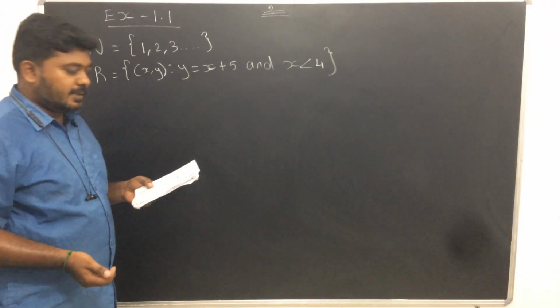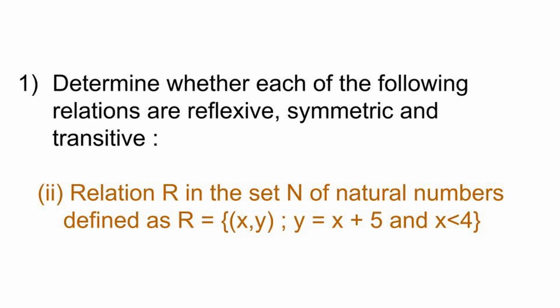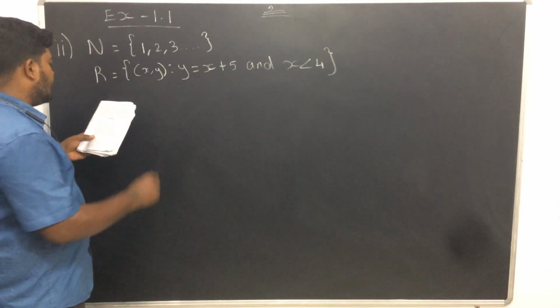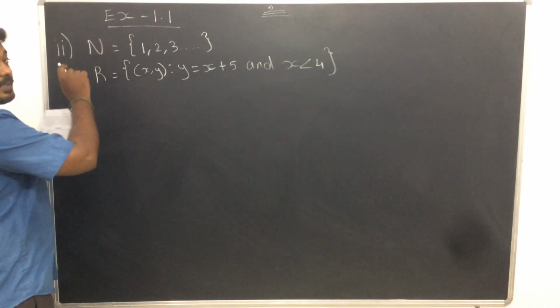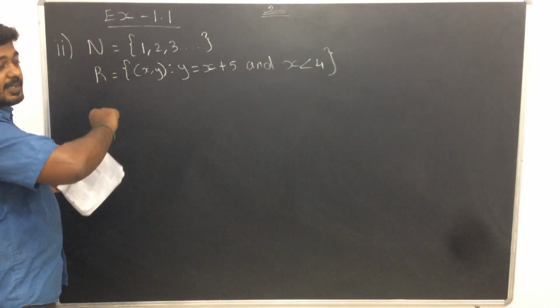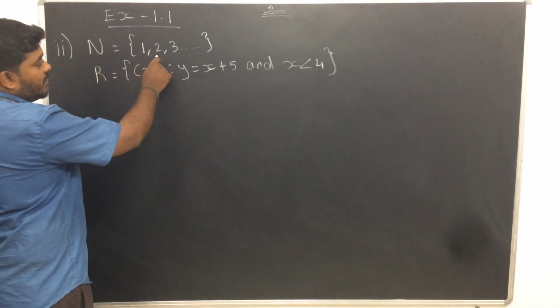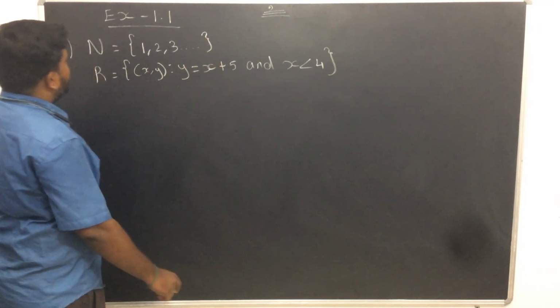So now let's move on to the second sum. That is, relation R in the set N of natural numbers defined as R = {(x, y) such that y = x + 5 and x < 4}. They are given that set N, capital N, is nothing but the set of all natural numbers, that is, starts from 1, 2, 3 and goes on. That's an infinite set.